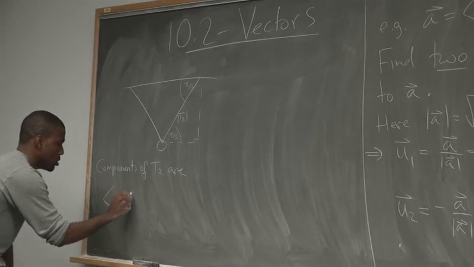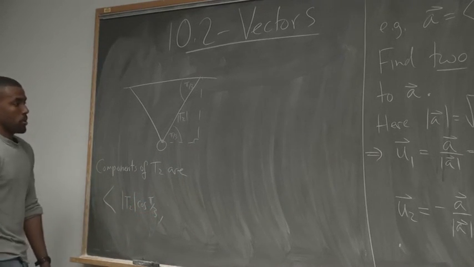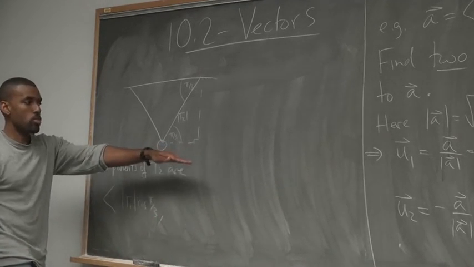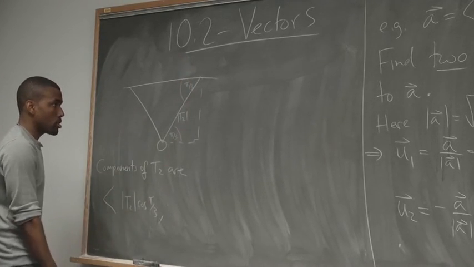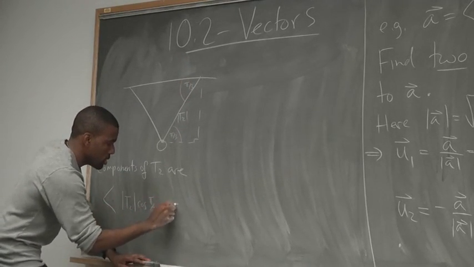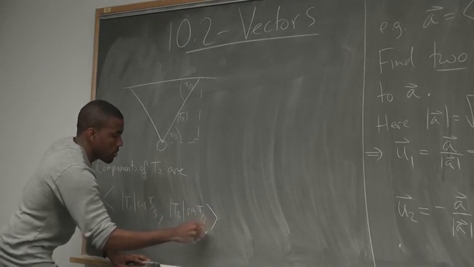So that's just going to be T2 cosine pi over 3, comma, so that's moving to the right, so it's positive, right? This one is moving up, so that's also positive. So this is going to be T2 sine pi over 3.